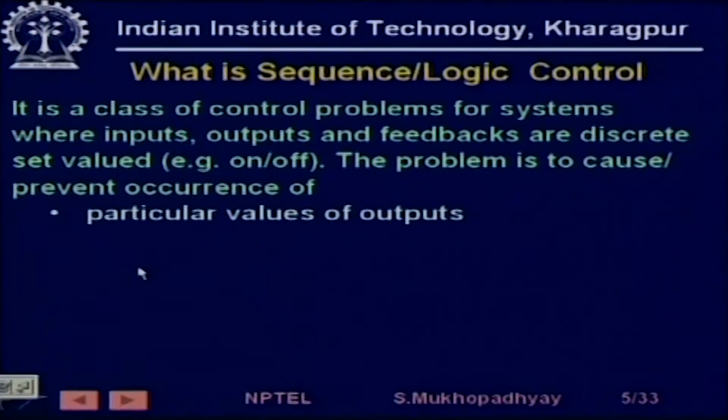This is my definition, words are mine. It is a class of control problems for systems where inputs, outputs and feedbacks are discrete set valued. Actually, I would rather say that for the purpose of control, it is taken that they are set valued, that is, the intermediate values are not considered.